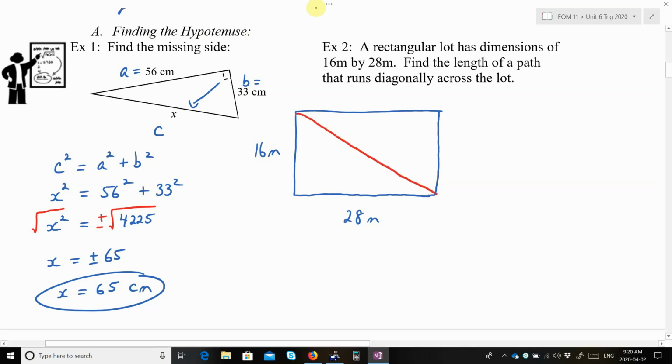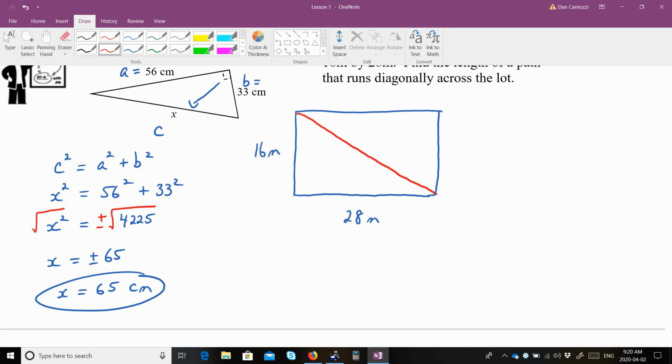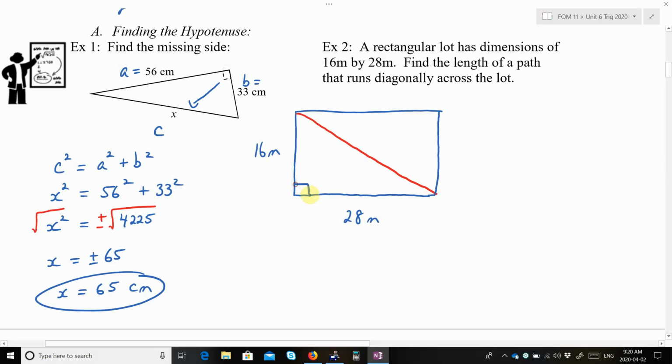Okay. And so hopefully you can see that we have now made a 90-degree triangle. There's the 90 degrees. And across from the 90 degrees is the side we label C. So there's C. A is 16 and B is 28, and we can use the Pythagorean theorem to solve for C. Pythagorean theorem says C squared is equal to A squared plus B squared.